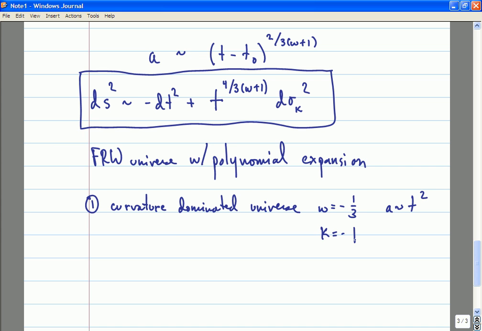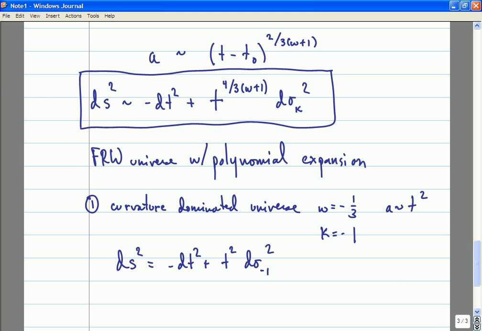And what does the universe look like in that case? Well, it's minus dt squared plus t squared times the metric on the three-dimensional hyperboloid. So let's think about what that geometry is for a second. It's a geometry whose spatial slices are hyperbolas, and it's a solution to Einstein's equations if you have no matter whatsoever.